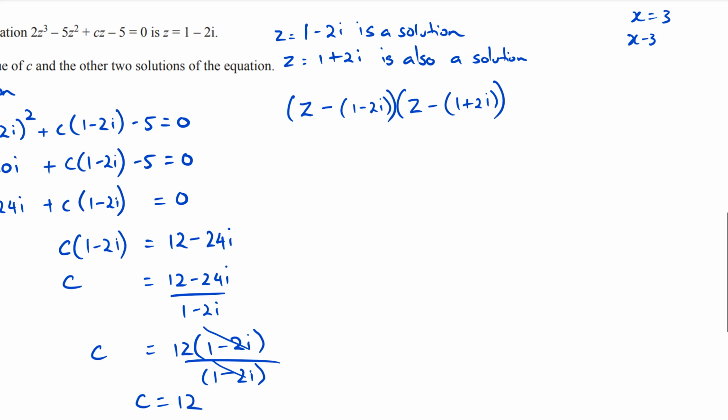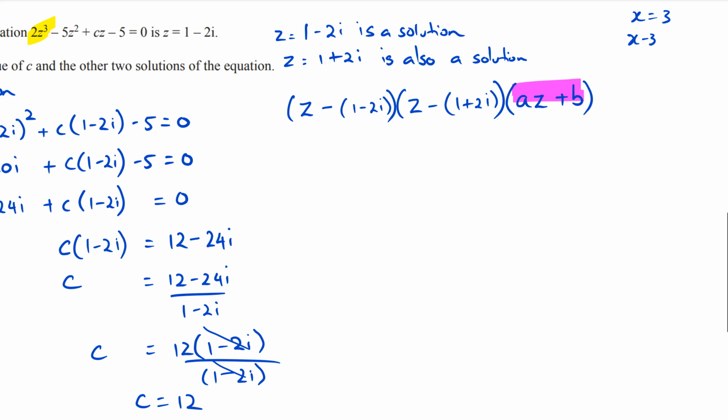Now, because this is a cubic, we're going to have a third bracket. And in this third bracket, we're going to have something like az plus b, for example. When it's asking for the last solution, we've got to figure out what this bracket is and then put it equal to 0.